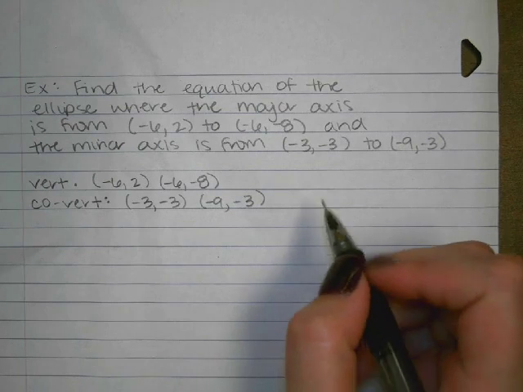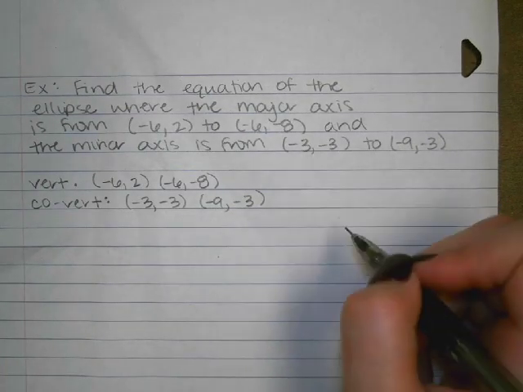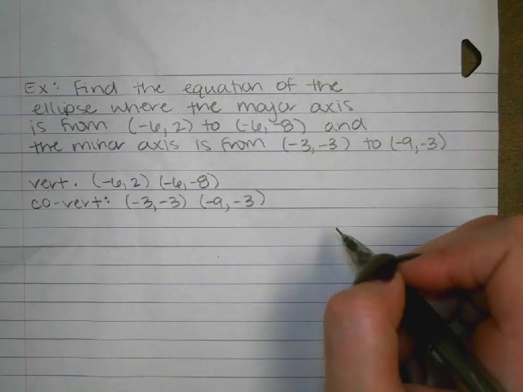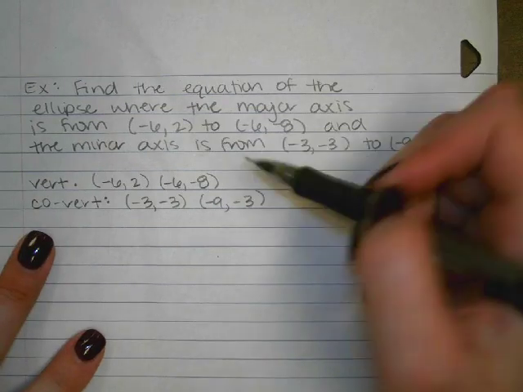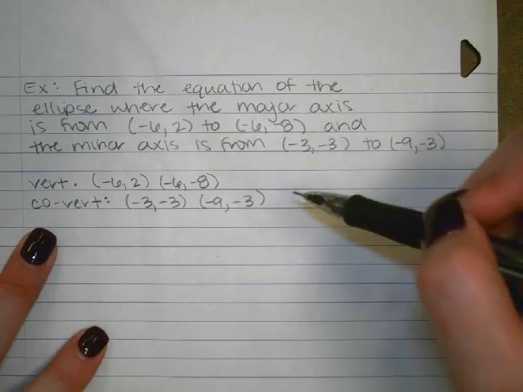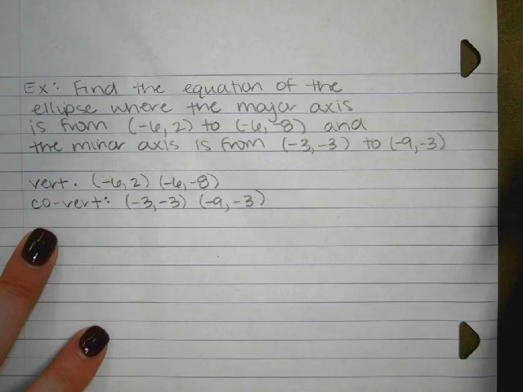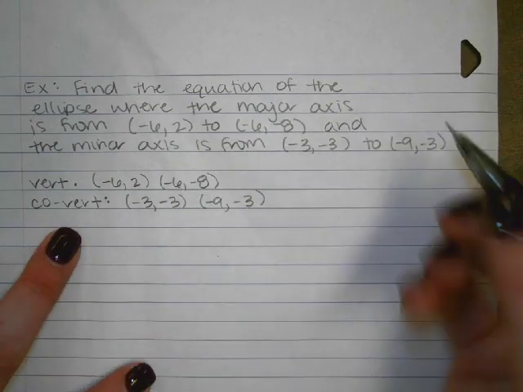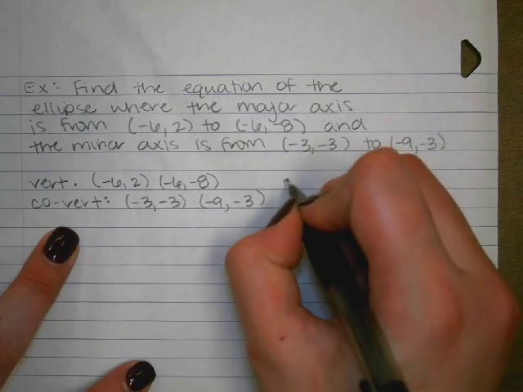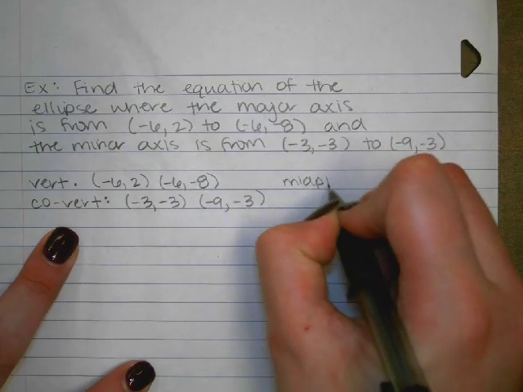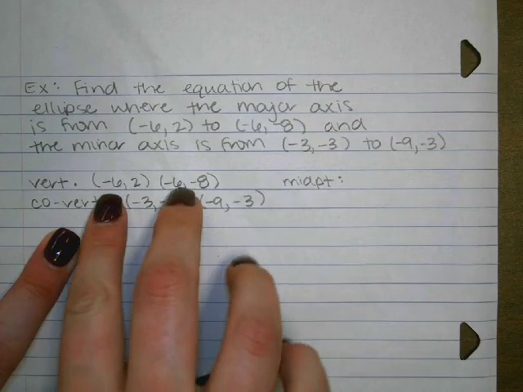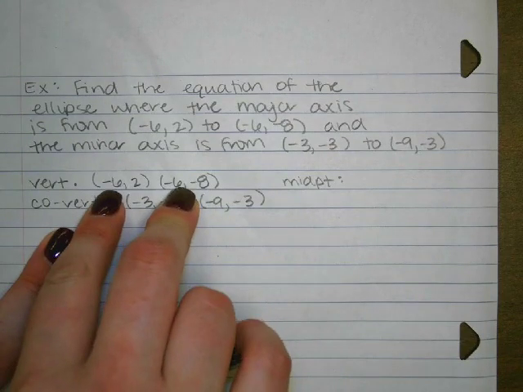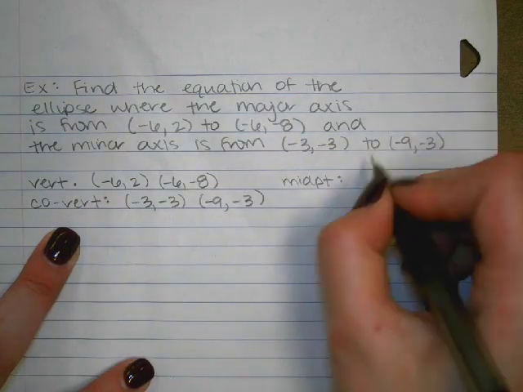Okay, so just like before, we're going to go ahead and find the center because that's going to be really important. But we know that if we have the vertices and the co-vertices, then we have our A and our B value. We just have to look for them. So it doesn't matter which one you choose, but we're going to go ahead and find the middle. So with these, I can see that the -6 is the same, and so I know that the middle of that is just going to be -6.